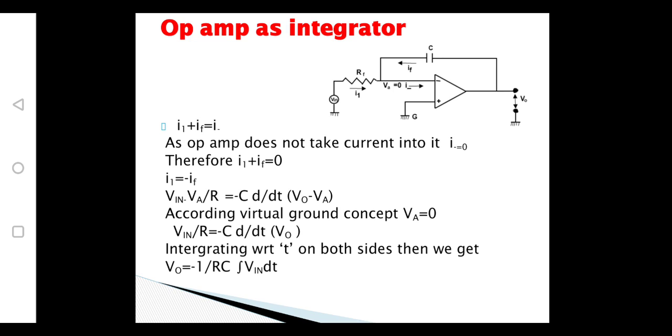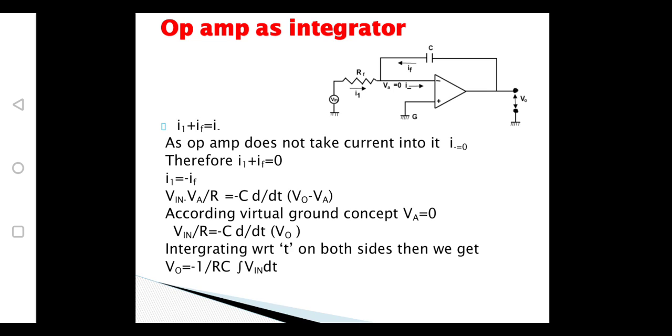If we observe the circuit diagram, the only difference between a differentiator circuit and an integrator circuit is that here the input is given across the resistance and the output is taken across the capacitance. That is, if we interchange the resistance and capacitance of a differentiator, then such a circuit is called an integrator.